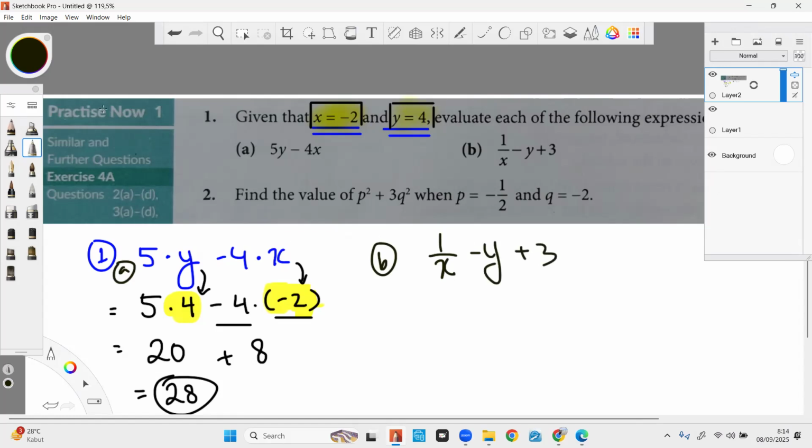Why is it plus? Because negative 4 times negative 2. See? Oh, minus 4 times negative 2. So minus, oh, if you want to do that, okay, good question, by the way. You can do this. What is 4 times negative 2? Negative 8, same, right?